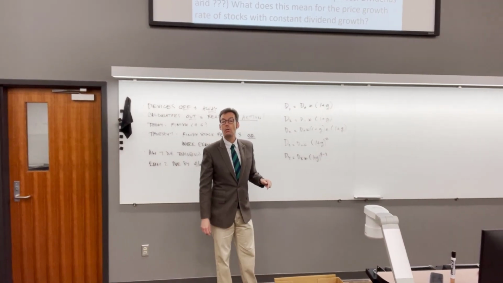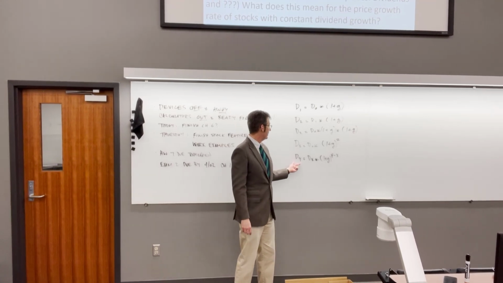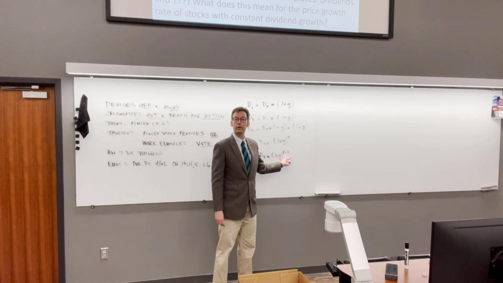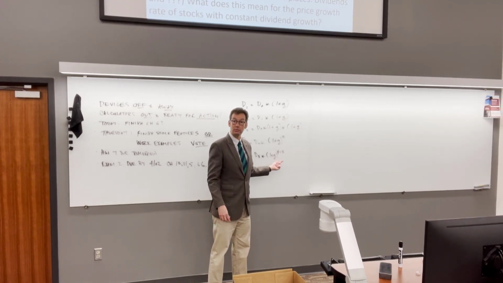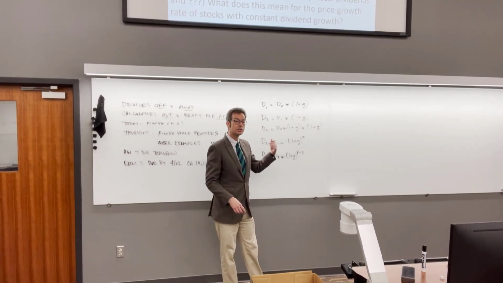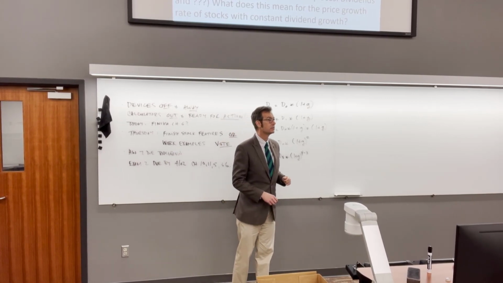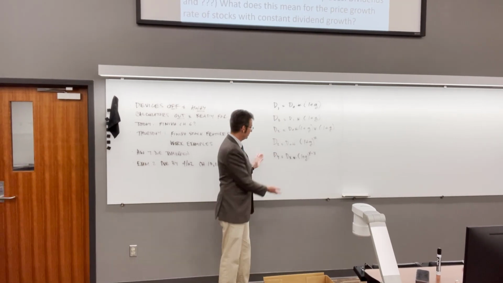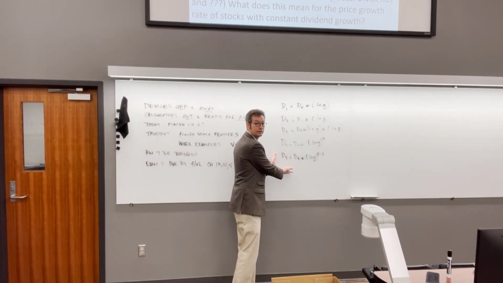What if I gave you D1 instead? It would be D7 is equal to D1 times 1 plus G to the what power? 7 minus 1. Yeah, so 7 minus 1 would be 6, right? To the 6th power. Does that make sense? Okay. It doesn't actually have to make sense. Just put that on your note sheet and know how to use it, right?